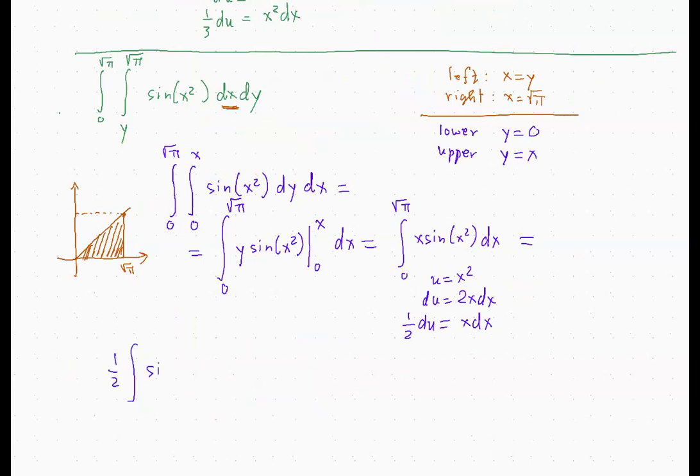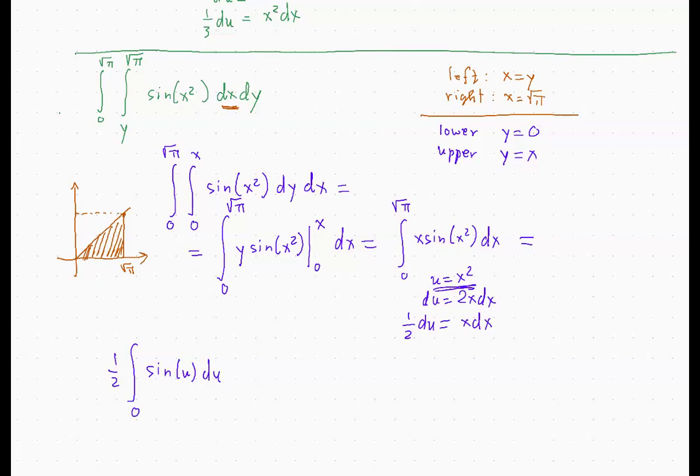And now remember what we said before. We have to go to our substitution and plug in the endpoints into x squared. So 0 squared is 0 again, but now we're going to see the difference. Square root of pi all squared is pi.